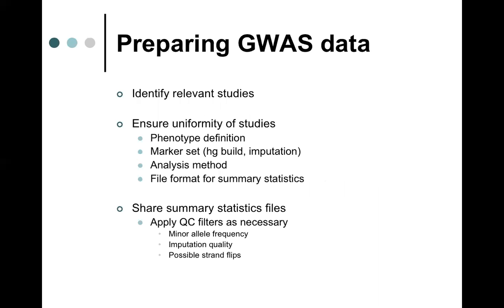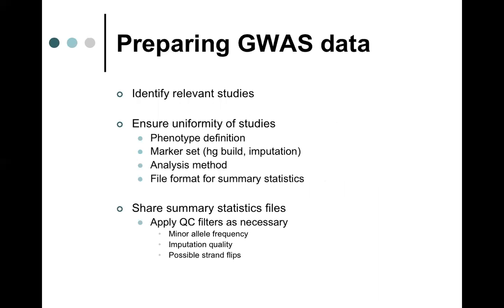I think it's really important to focus for a second on the work in advance that goes into preparing that GWAS data, since that tends to be where a lot of the work is in these studies, in getting all the GWASs prepared for meta-analysis rather than actually computing the meta-analysis results themselves.